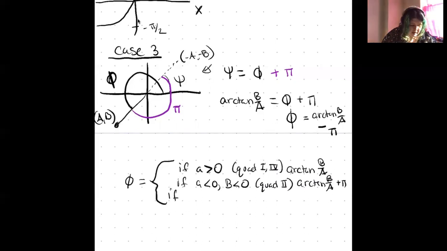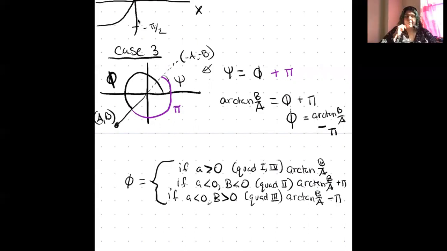And if a is less than 0 but b is less than 0, that last case, we're in quadrant 3, then I have arctan b over a minus pi.